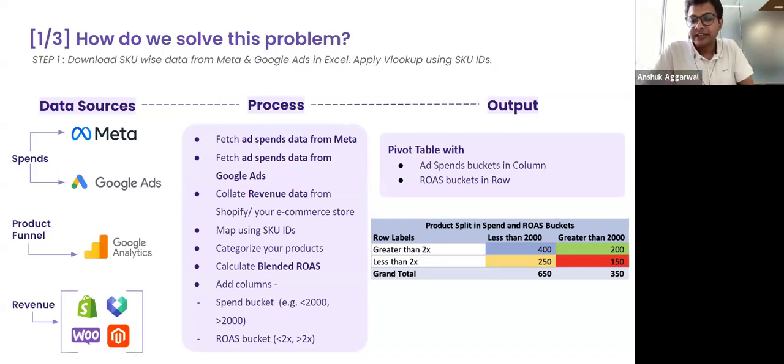Once all these four data sources are downloaded, we just need to make sure that the SKU ID is common across all four of them. In some cases, we have seen that we may be sending the parent SKU ID or child SKU ID to Google Analytics, in which case we may face a problem in mapping them. The second step is to categorize the products. We will need to put intuitive categories on top of it.